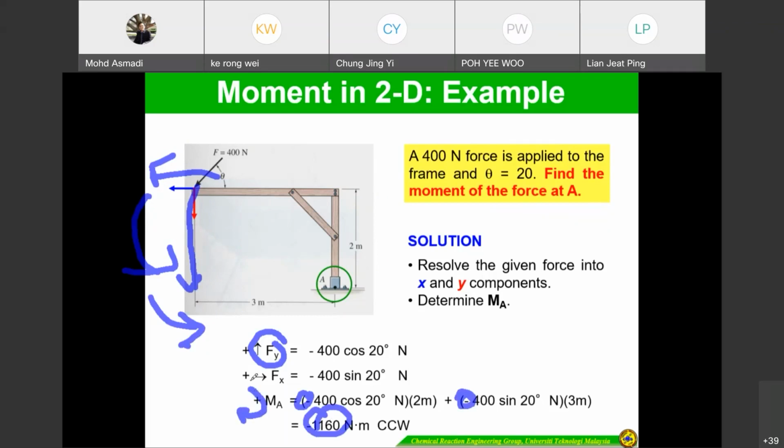Because our definition is clockwise is positive but we get negative, it means it is counterclockwise, to this side.